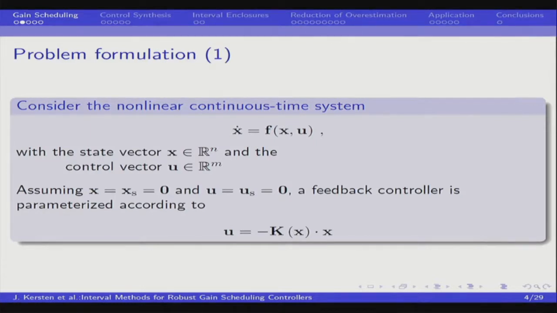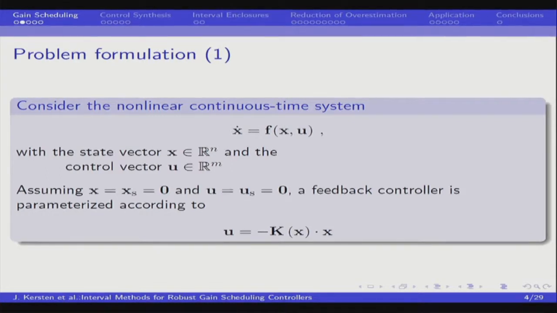And we assume that the steady state operating point is set at 0, and we set the input to 0 as well, so we can use a feedback controller parameterized according to the equation below.